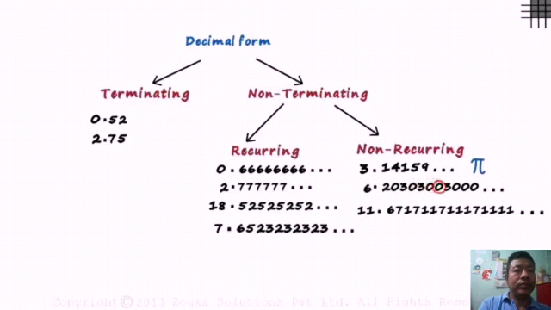The next is 3000. In the second form, this 71, 711, 7111. There's no specific pattern repeated. So they are in the form of non-terminating, non-recurring decimals. They are always irrational numbers.